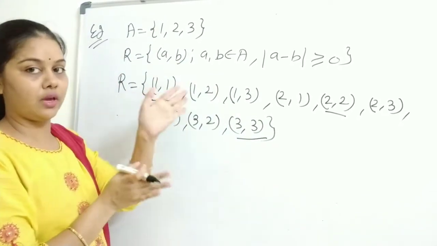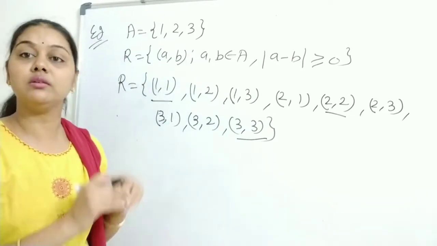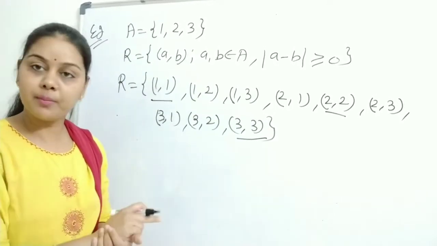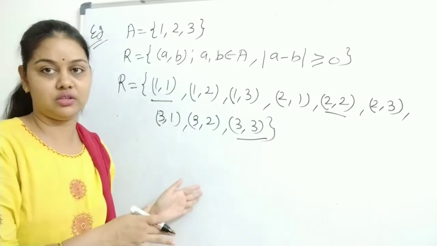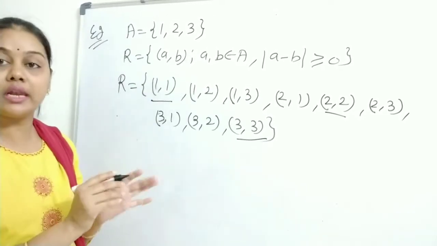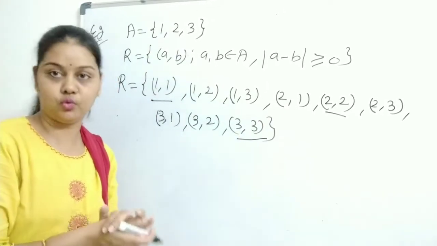All the elements of A have a relation with themselves. So this relation is called a reflexive relation. But remember that this relation is not an identity relation. In an identity relation, we will only have the elements (1,1), (2,2) and (3,3).